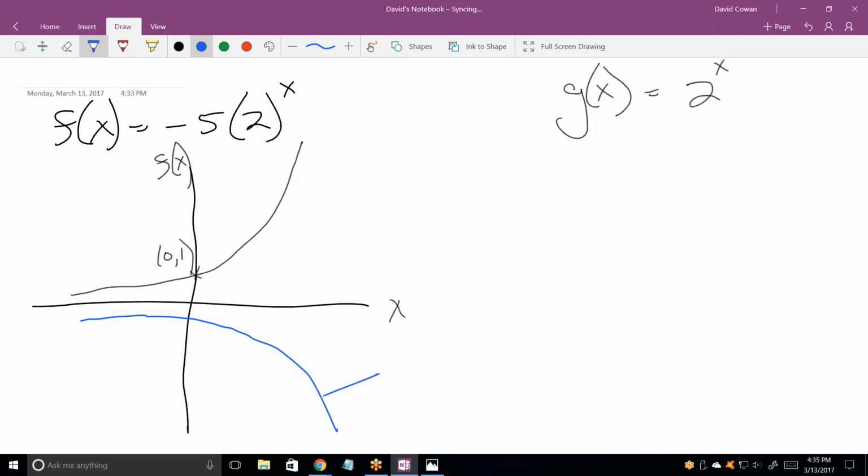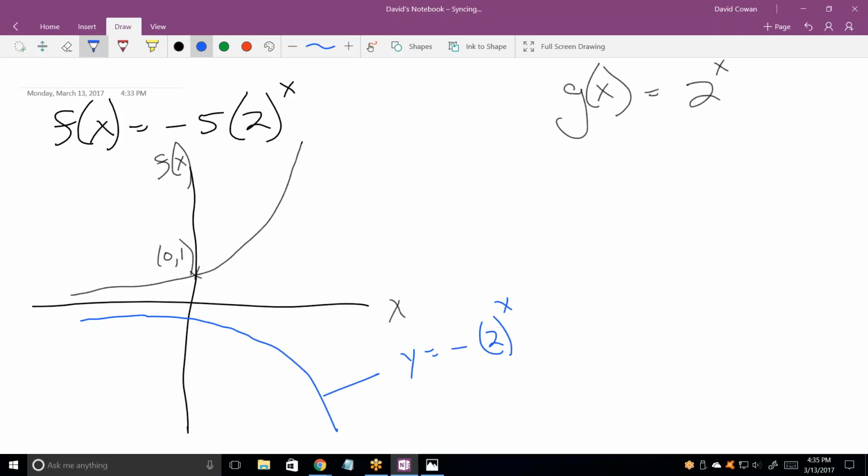So this would be y equals minus 2 to the x. And then what's the consequence of the 5? That's going to scale it by 5. The vertical stretch by 5.